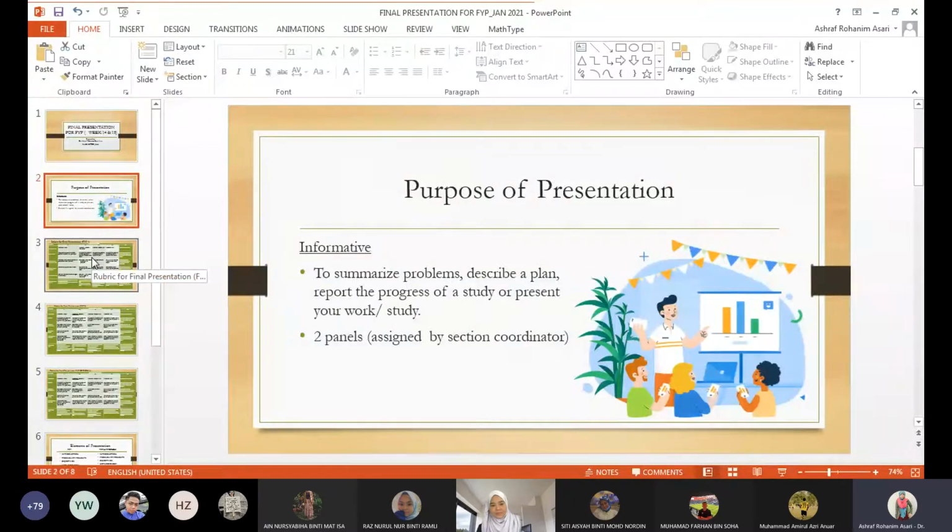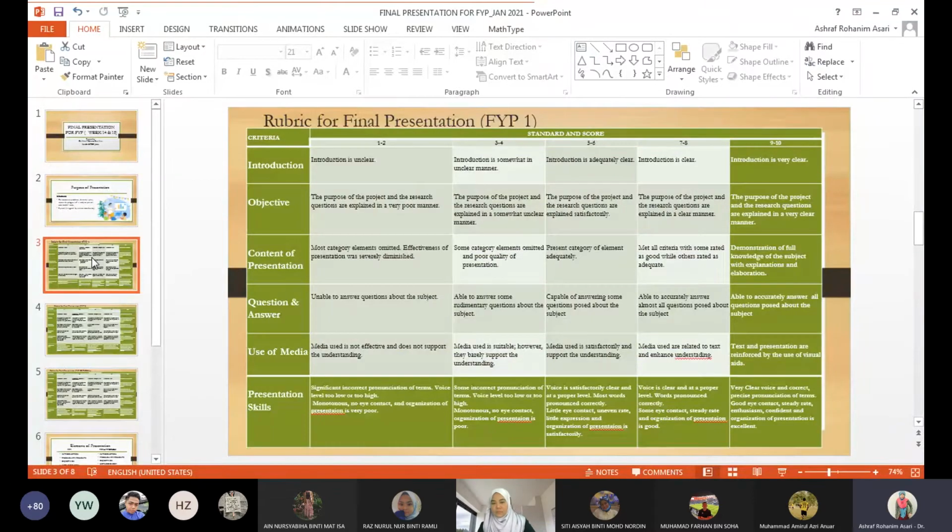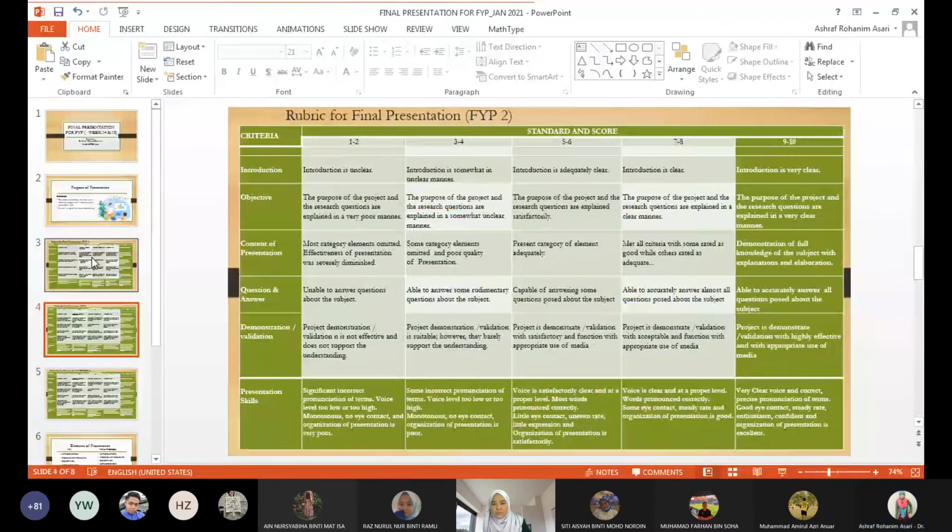Alright, next I want to show you the rubric. FYP1 I already explained yesterday, but FYP2 and diploma not yet, so we go through it generally. The rubric for FYP2 degree and FYP diploma is similar.